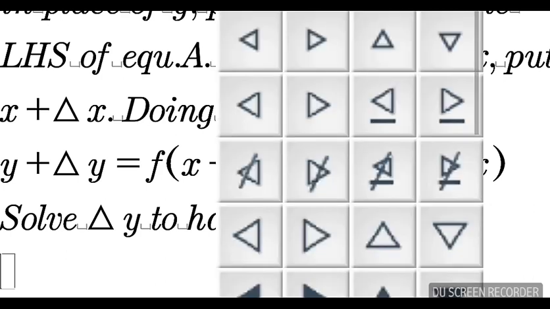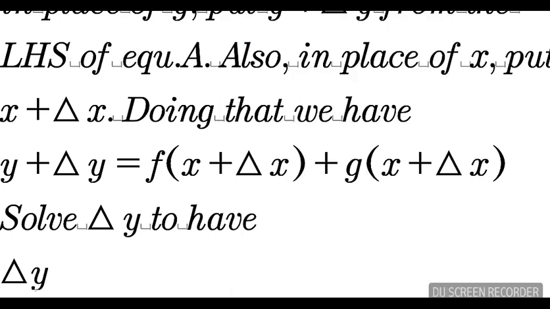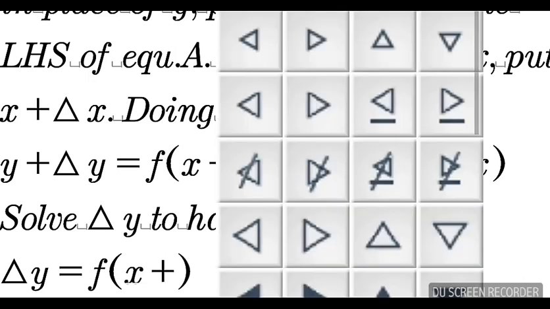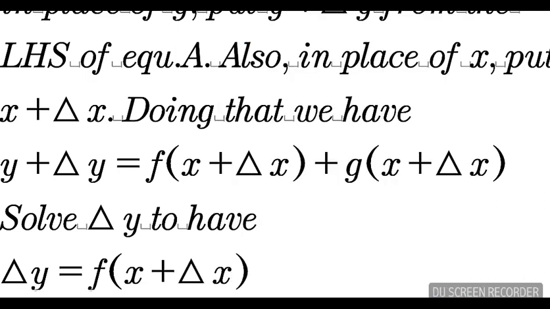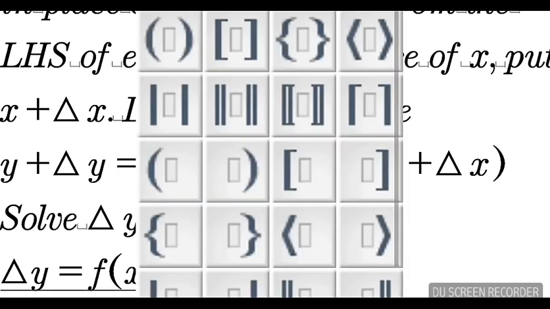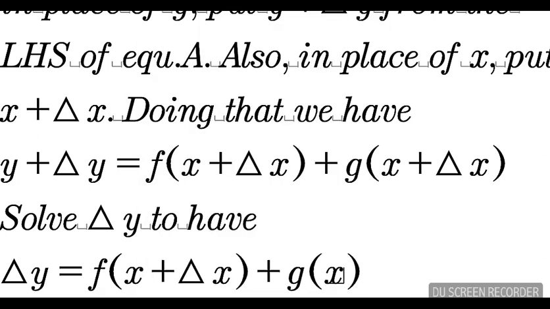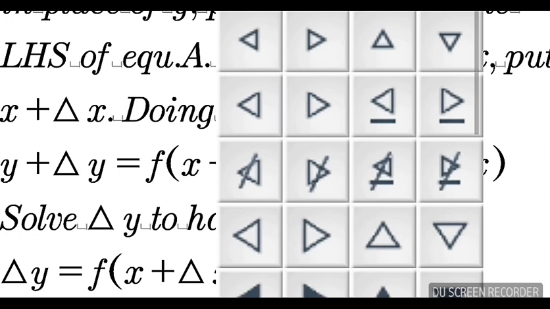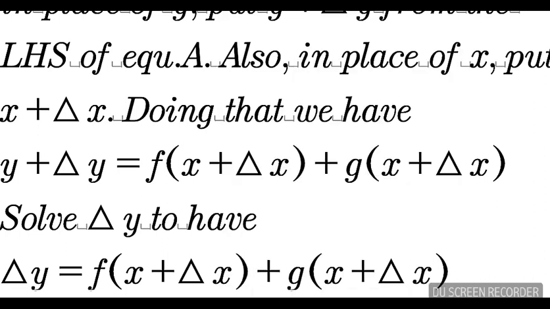That leaves us with delta y equal to f of x plus delta x plus g of x plus delta x, then minus y.